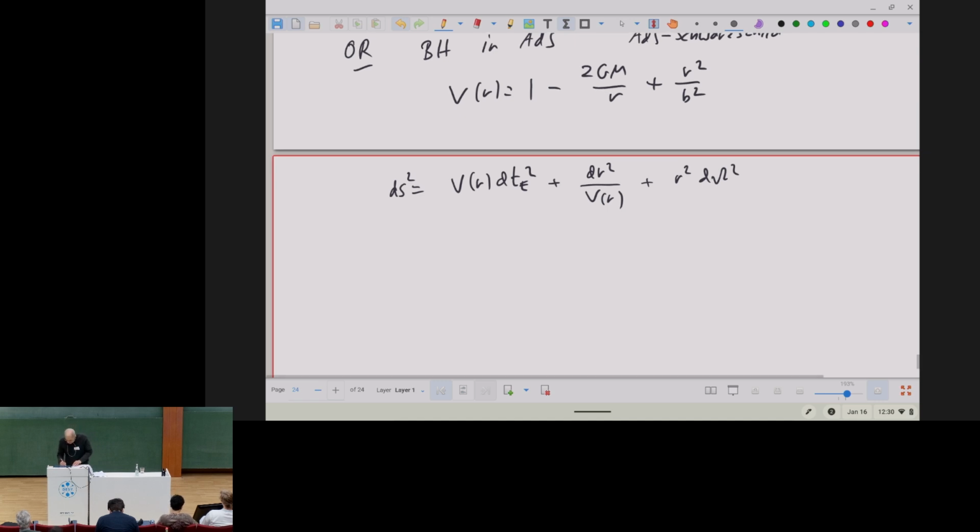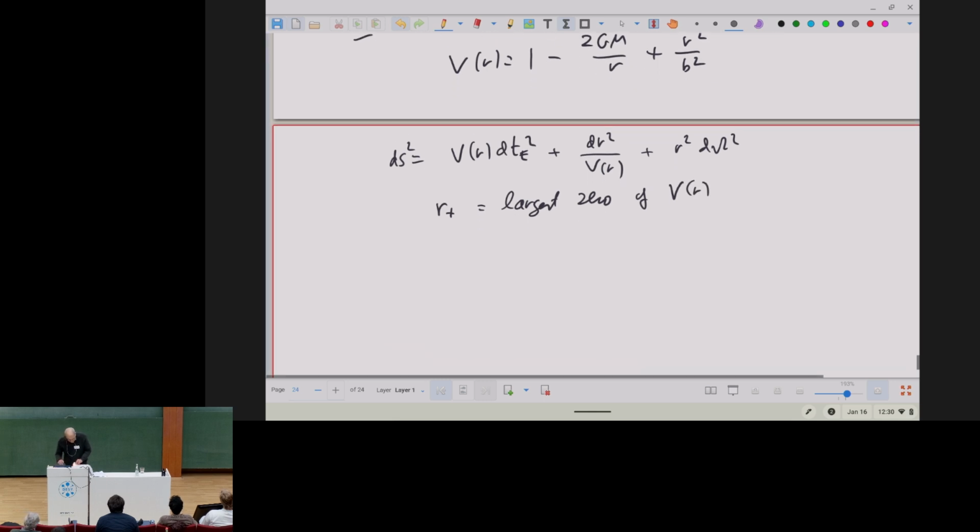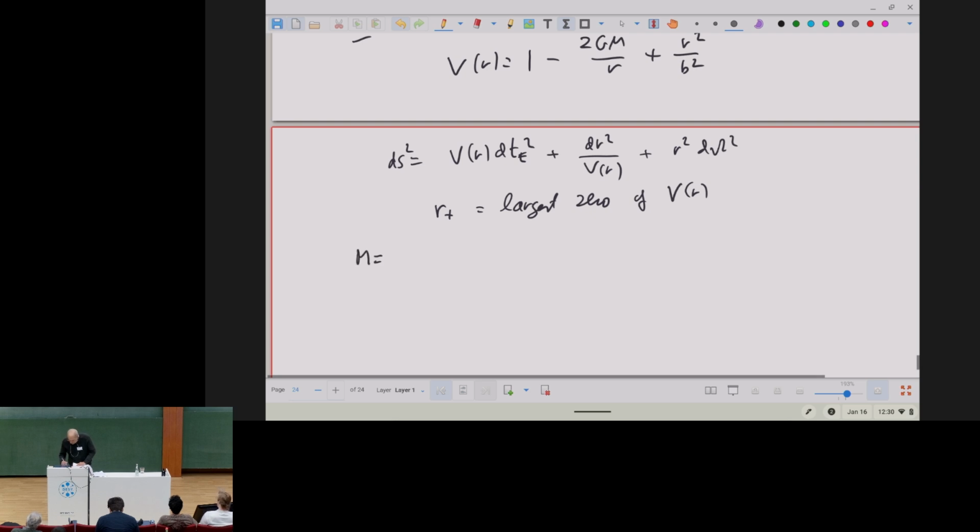So we let r plus be the largest zero of V. And so M is the ADM mass of the spacetime. Well, you could call it the mass of the black hole.